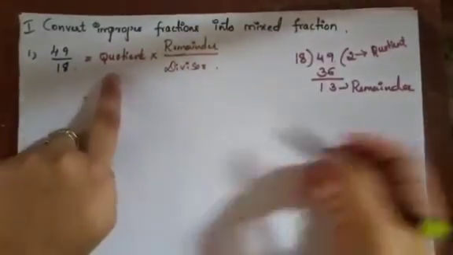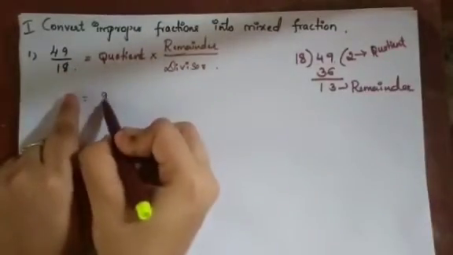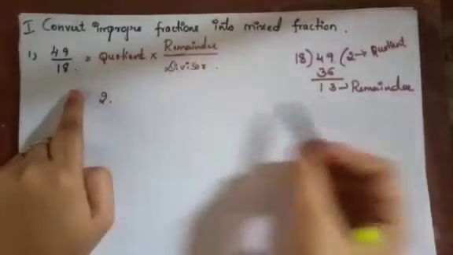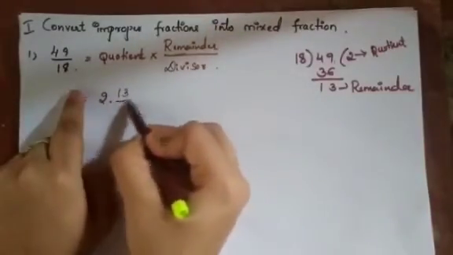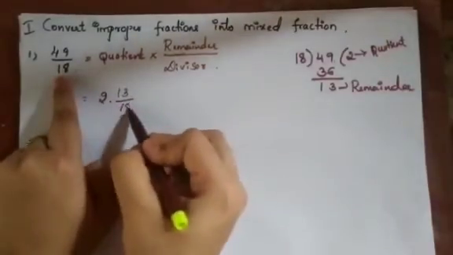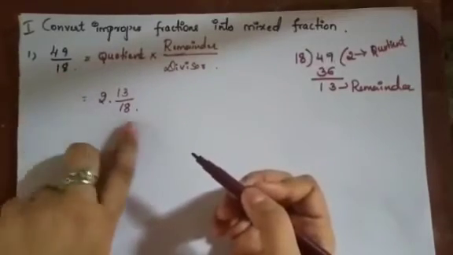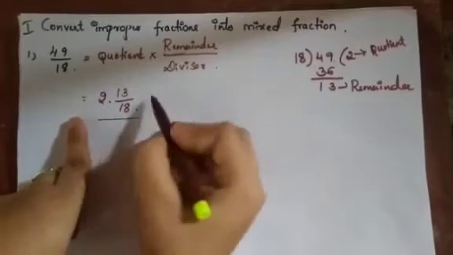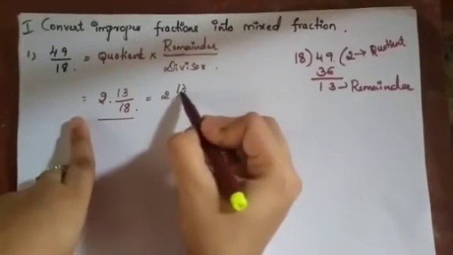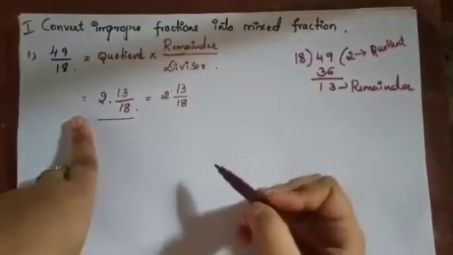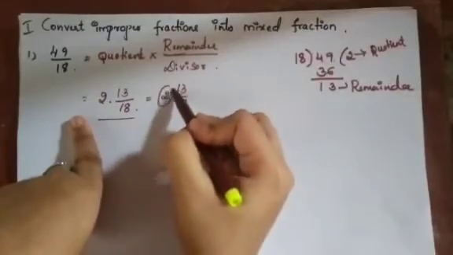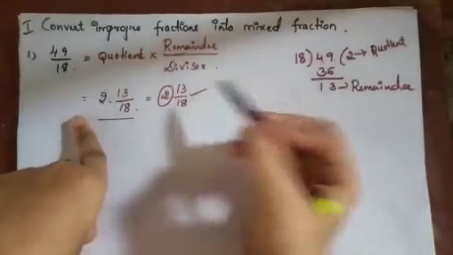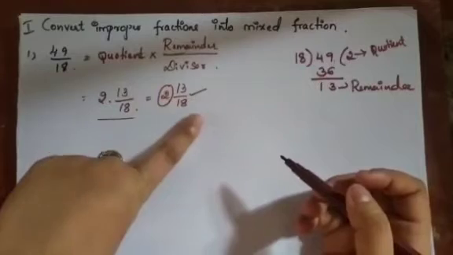So which is the quotient here? 2 is the quotient. Remainder is 13. Divisor is 18. This is how we convert the improper fraction into the mixed fraction: 2 and 13 by 18. Here we have a whole number and a proper fraction. This is the mixed fraction.